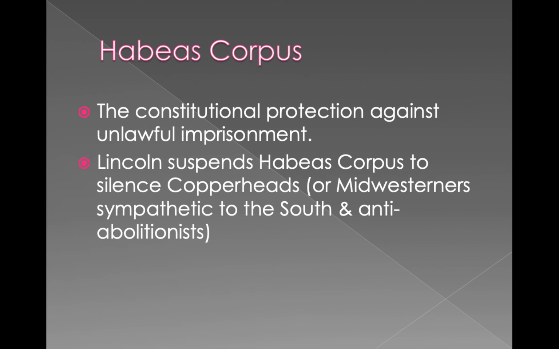Answer, it was because in those border states with the South who had not seceded but had slaves still, such as Missouri and Kentucky, there were a lot of people called Copperheads, or Midwesterners sympathetic to the South. And so he wanted to snuff out that viewpoint, because in times of war, you need people not on the other side, but on your side.